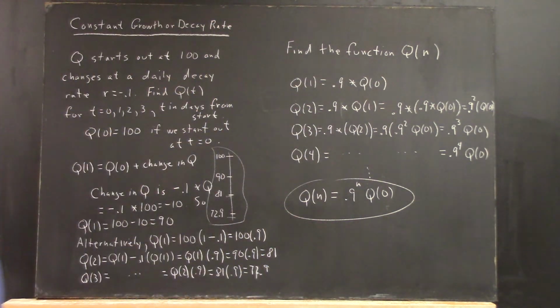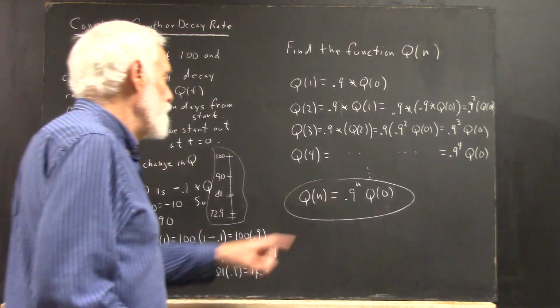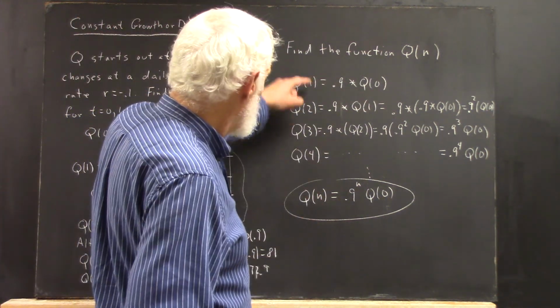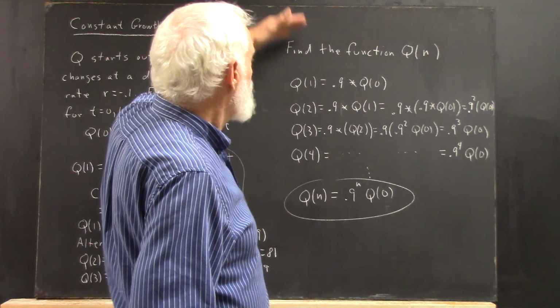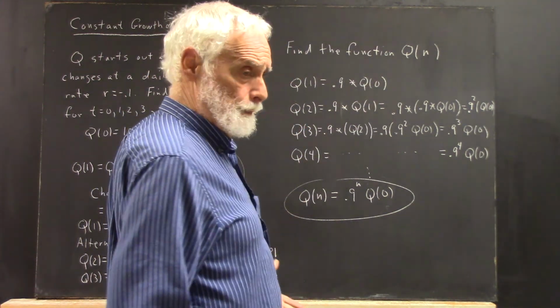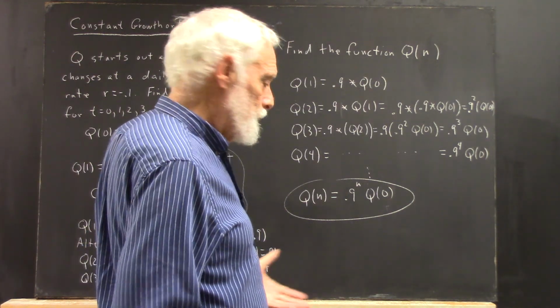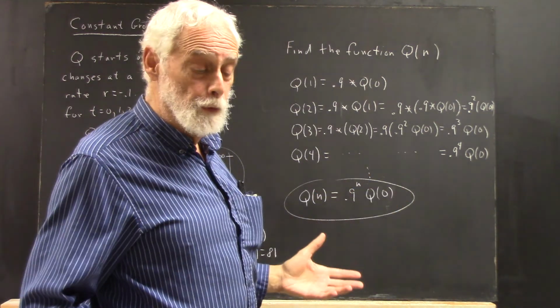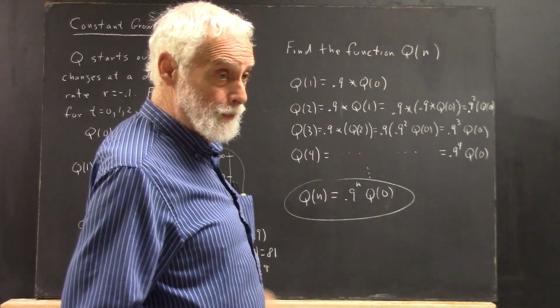Now, I use n here because n is a whole number of days. None of this applies to what happens in between. Okay? And what happens halfway through the first day? What's Q of 1.5?